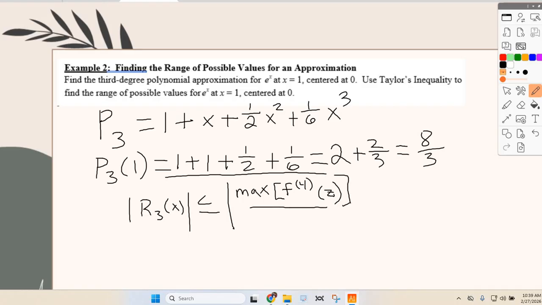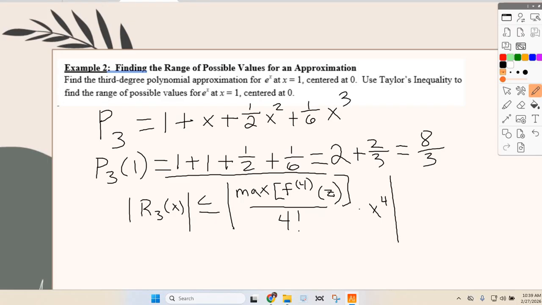Divided by the factorial, times x to the 4. Okay. So remember that we said that z has to be between what?